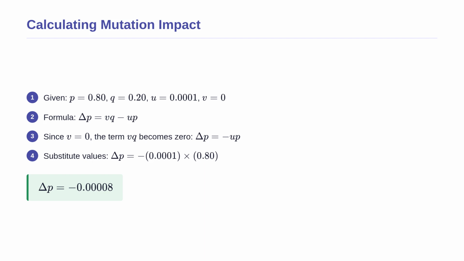We want to find the change in frequency of capital A. Because the backward rate is 0, we drop that term. We simply multiply the negative forward mutation rate by the frequency of capital A. The result is negative 0.00008. This tiny number shows that mutation alone is a very slow evolutionary force.